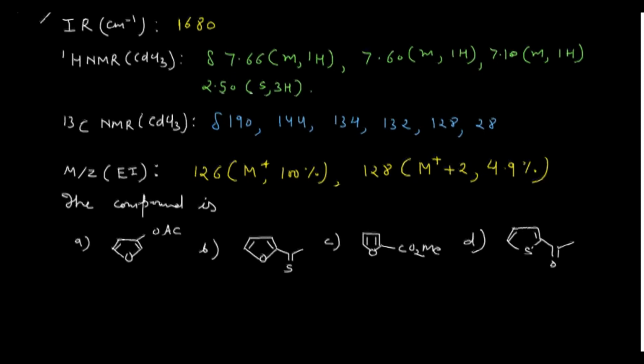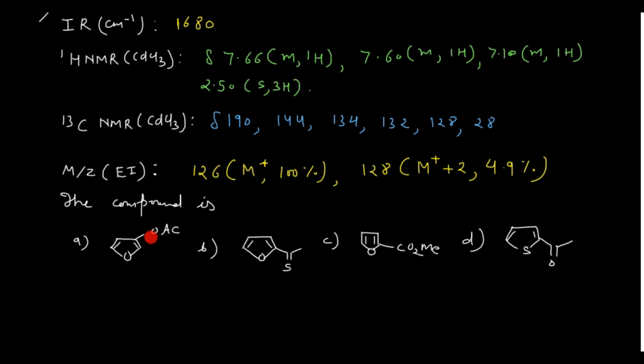See guys, all these compounds have a molecular weight of 126. B also has 126 molecular weight, and C and D. So all compounds have the same molecular weight, that means all will give you a very prominent molecular ion peak. But this compound is actually giving you an M+2 peak. If you have seen my previous video on mass spectrometry, then you will jump straight to the conclusion that an M+2 peak is very common in chlorinated compounds.